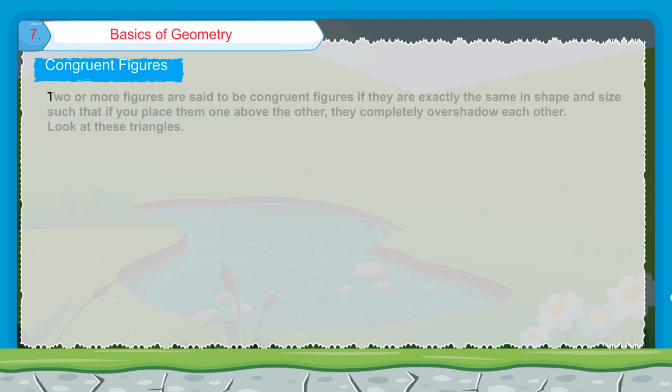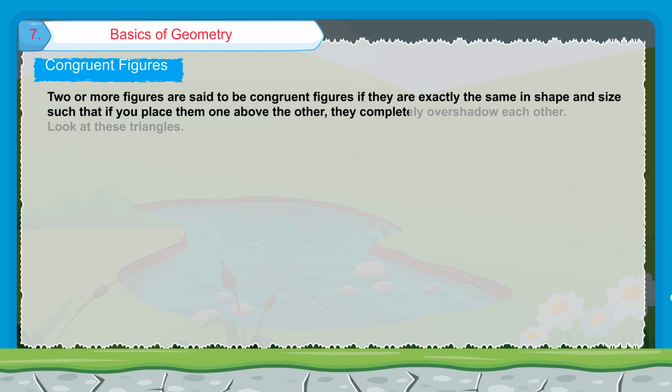Congruent figures. Two or more figures are said to be congruent figures if they are exactly the same in shape and size, such that if you place them one above the other, they completely overlap each other.